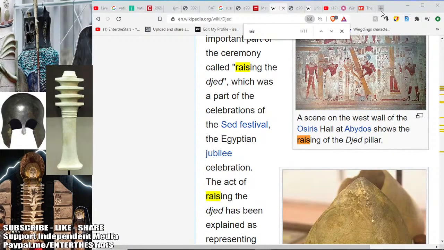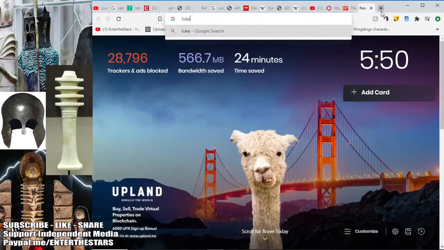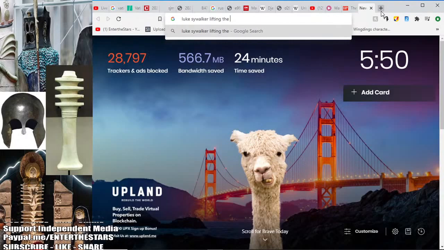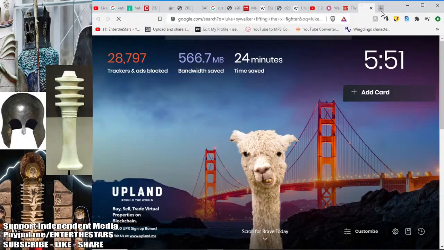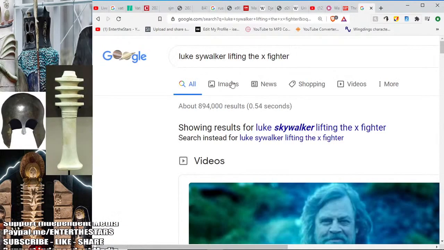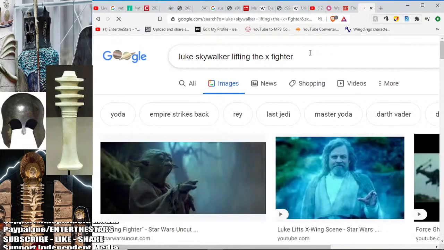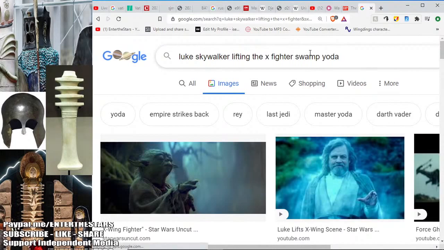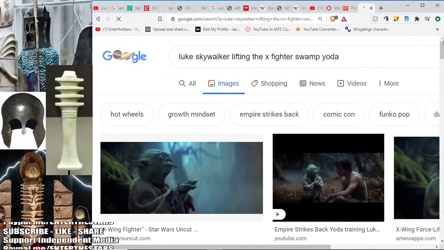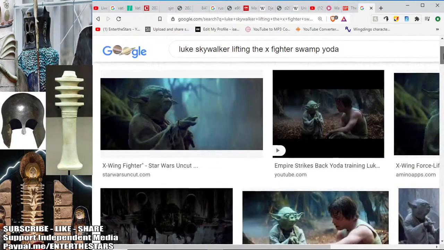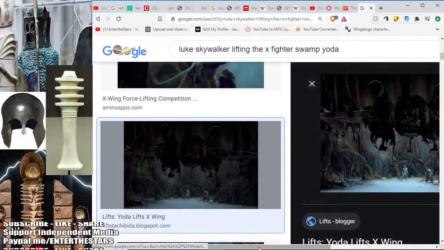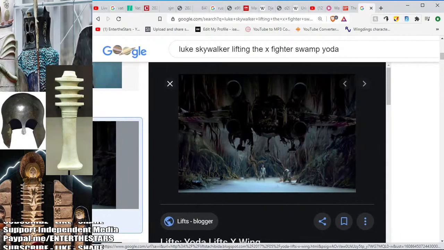Now let's look at some images of Luke Skywalker lifting the X-Wing fighter out of the swamp with the Force. Many of you will remember this if you followed the Star Wars series. But here they are, and he lifts the DJED out of the swamp.